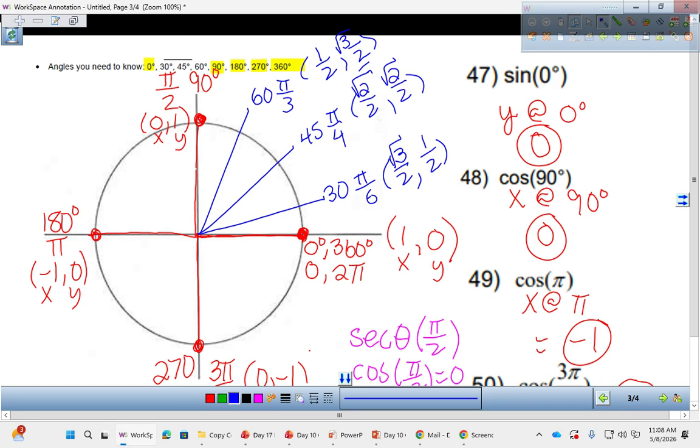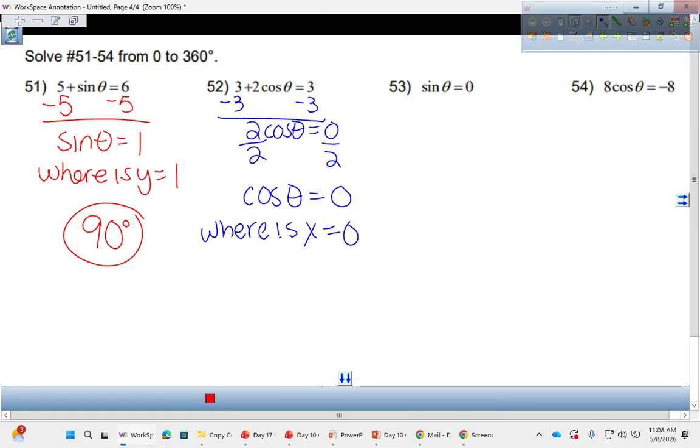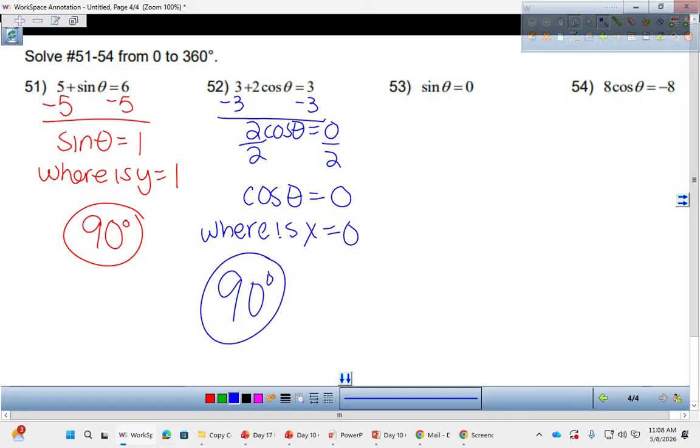X is 0 here at 90. X is negative 1, y is 0, x is not 0 there. X is 0, y is negative 1. So the x value is 0 at 2 places. It's 0 at 90 and at 270. So this one has 2 answers, 90, 270.